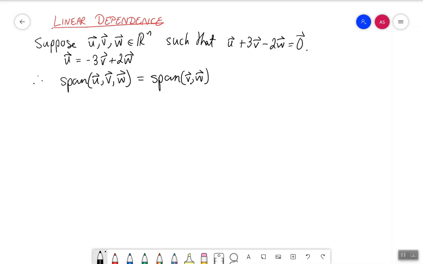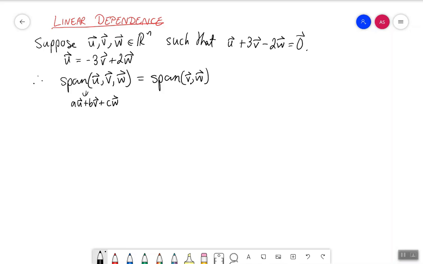So let's see, if I have somebody in here, it looks like a times u plus b times v plus c times w for some scalars a, b, and c.